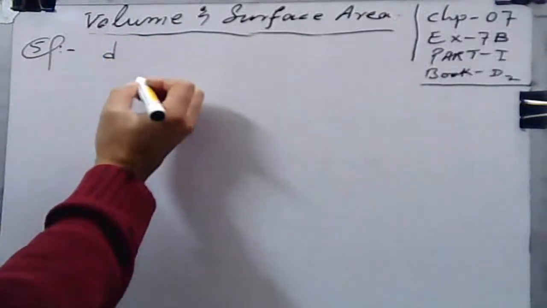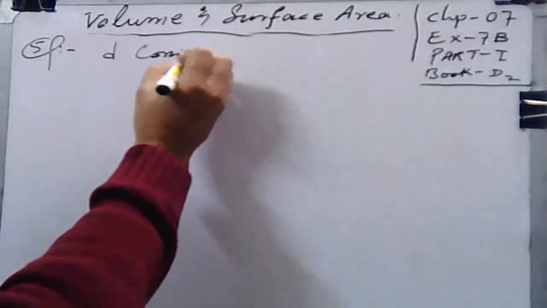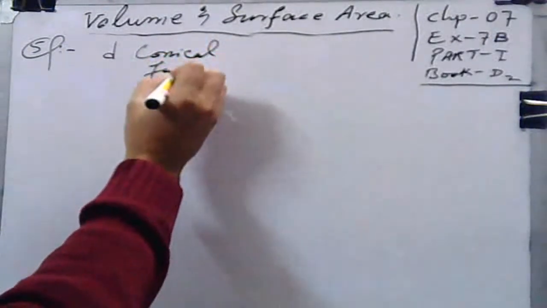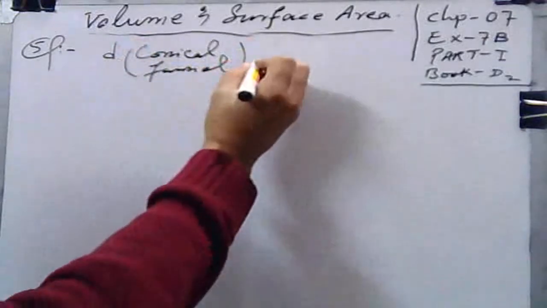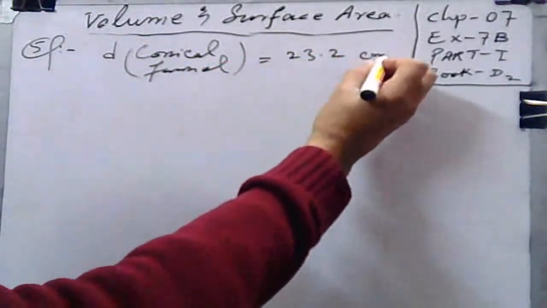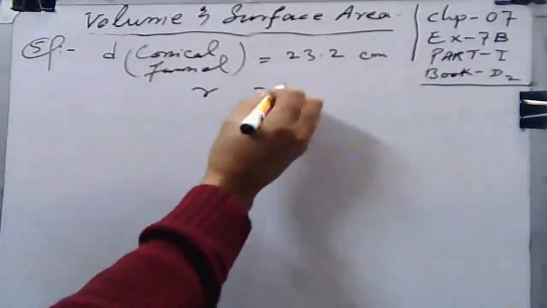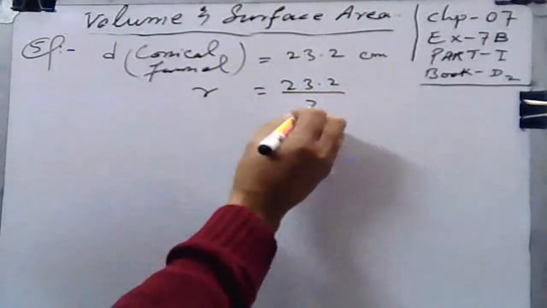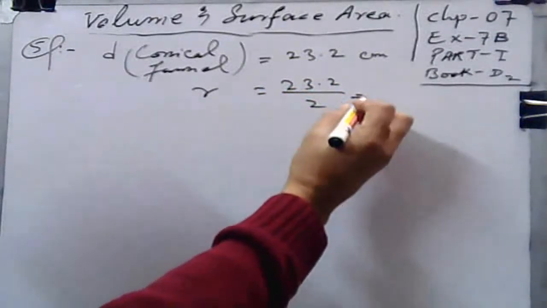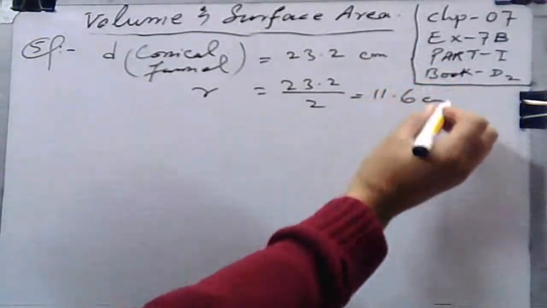So the diameter of the conical funnel is equal to 23.2 centimeter, and its radius will be equal to 23.2 divided by 2. You can get 11.6 centimeter.